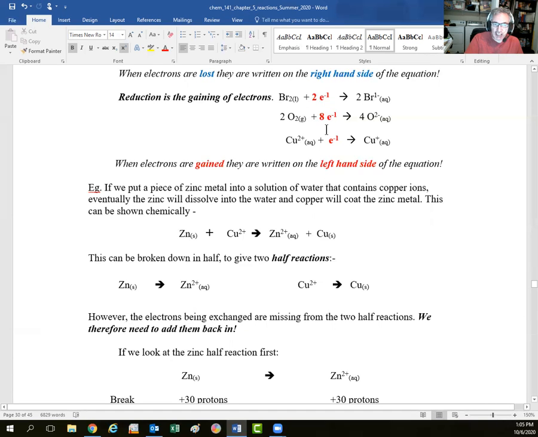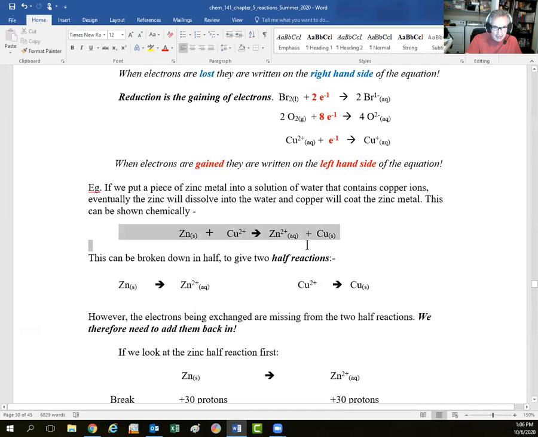And when electrons are gained, we see the electrons on the left-hand side of the equation. For every electron picked up, the atom either diminishes in its positive charge, like 2 plus minus 1 electron to become 1 plus, or becomes increasingly negative. Oxidation is the loss of electrons, reduction is the gain of electrons. And it's that exchange of electrons that drives the reaction.